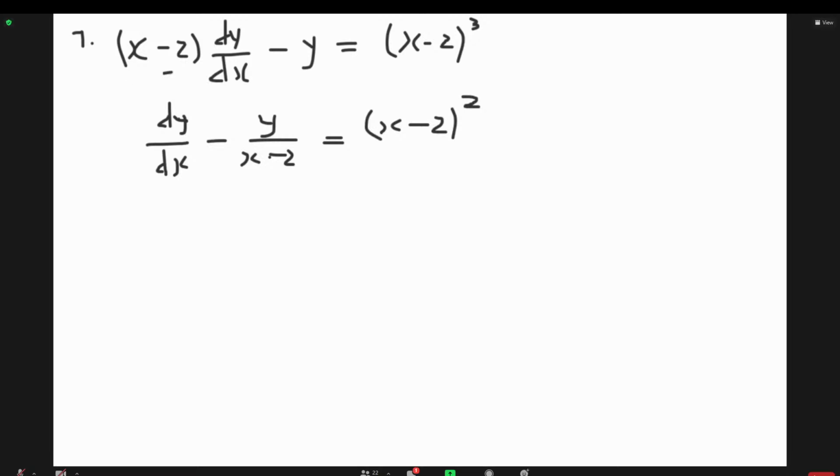So P is minus 1 over (x minus 2). Q is equal to (x minus 2) squared. The integrating factor is equal to e to the integral of minus 1 over (x minus 2) dx.